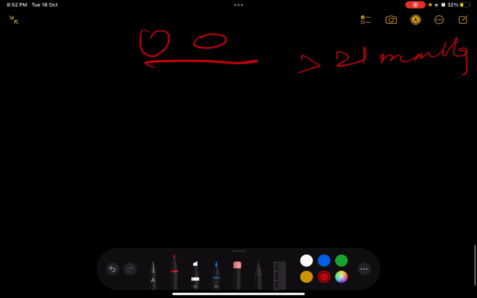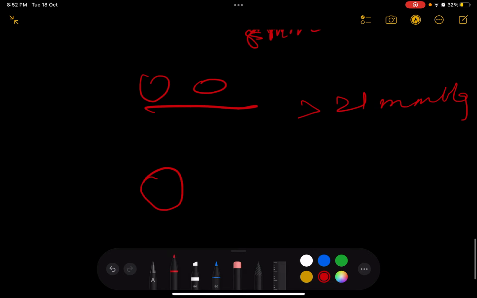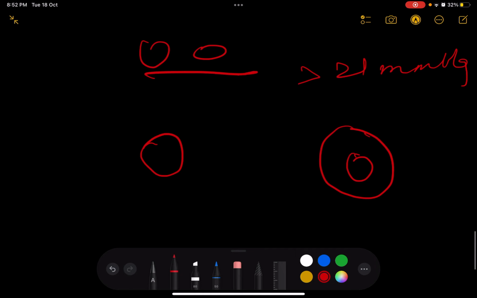Okay. What about the optic disc? When you look at the optic disc, how does the optic disc actually show? The optic disc is something like this, and there is an optic cup. So there are two components: one is the optic disc and one is the optic cup. So optic cup is this, optic disc is this.